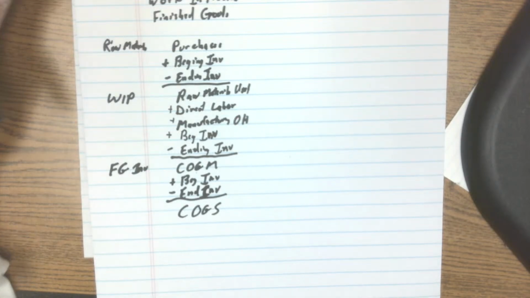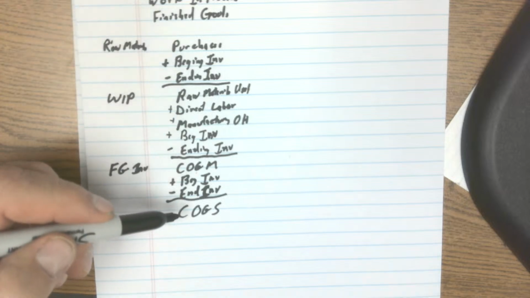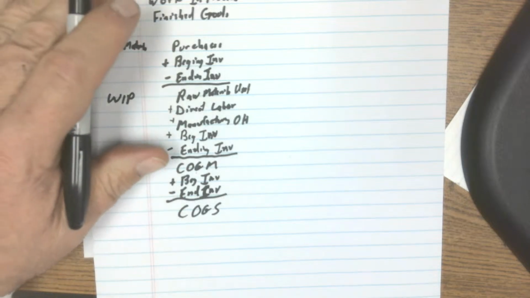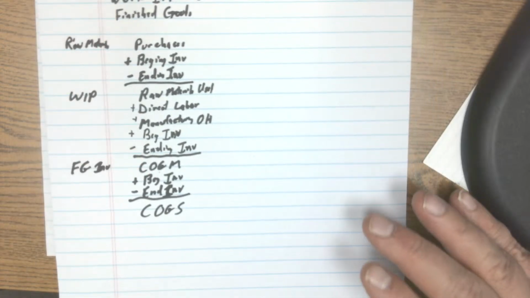Now I do it. This is probably the most straightforward. One flows into the other, flows into the other. I tend to do it a little bit different, just the way I learned it, and have kept doing it that way.